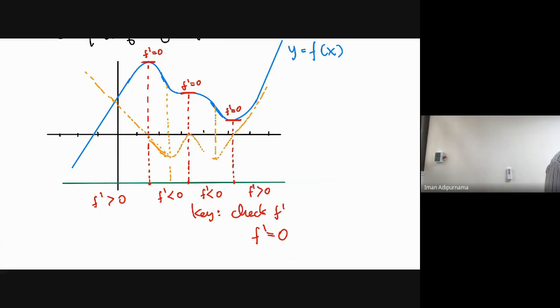Going here and going here. So it will have a change in concavity: upwards, downwards, and then upwards.